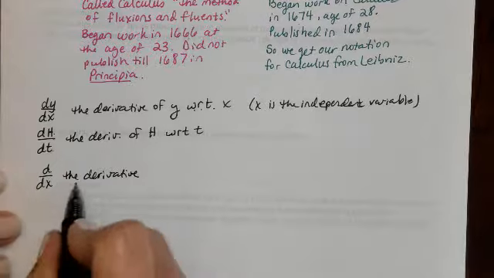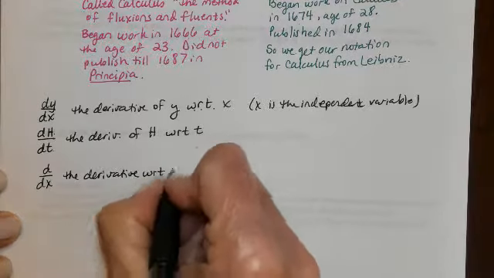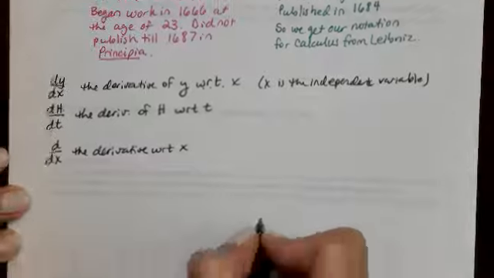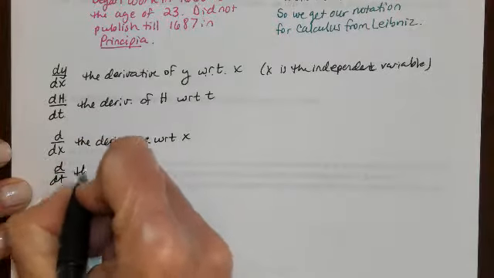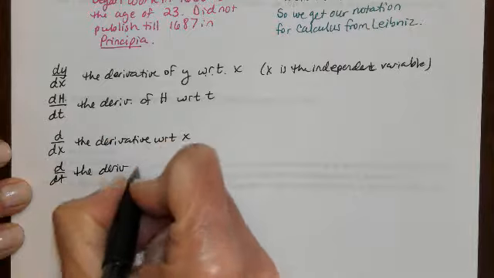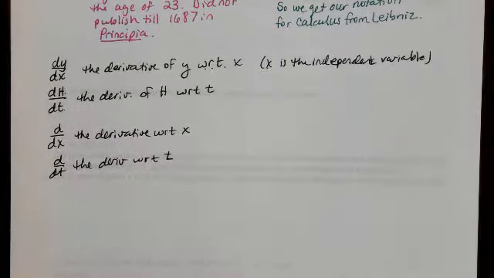This is just the derivative of what comes next with respect to x. d dt is the derivative with respect to t, and so forth and so on.